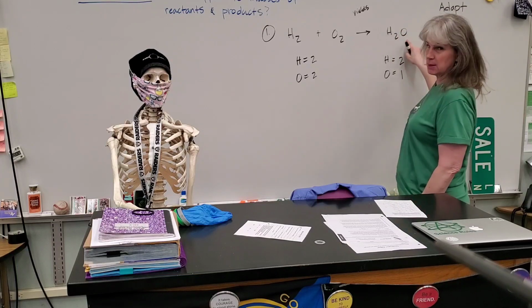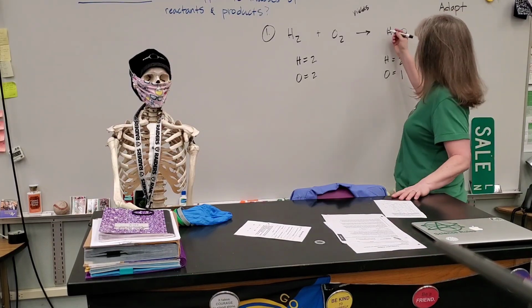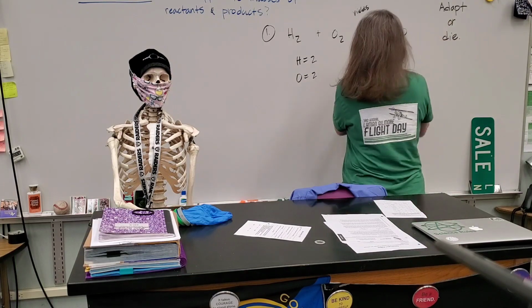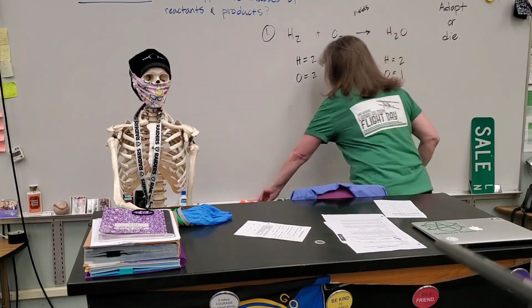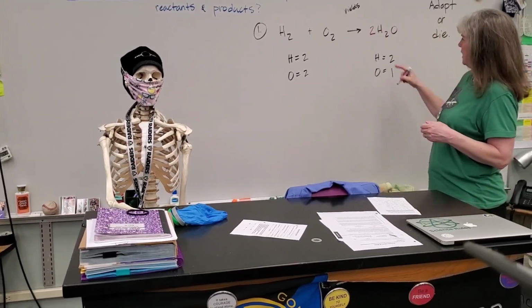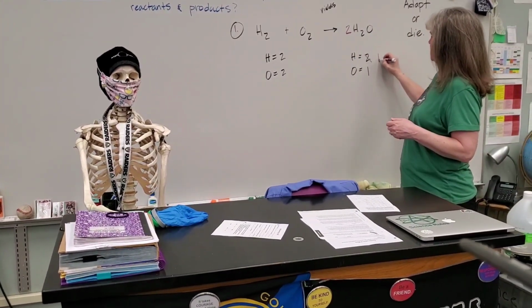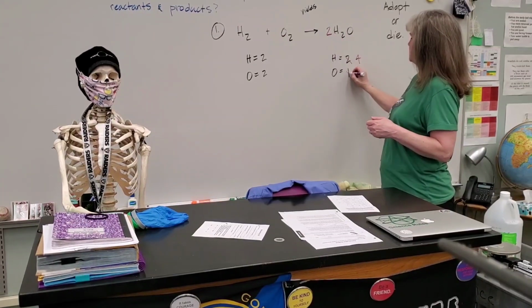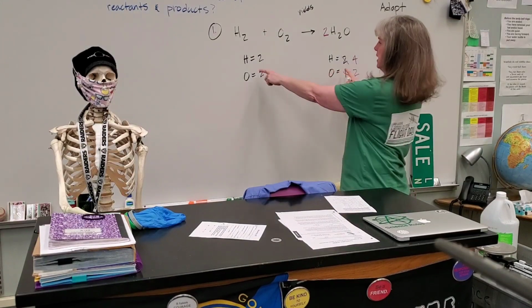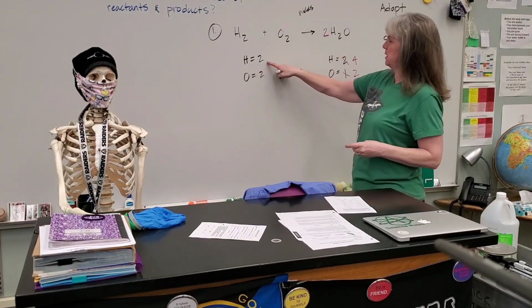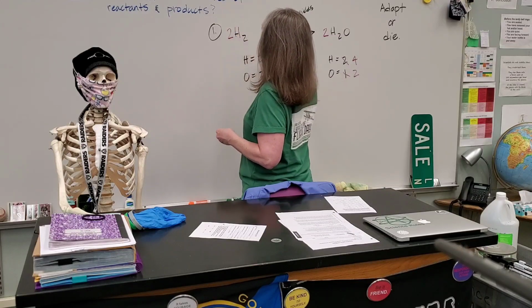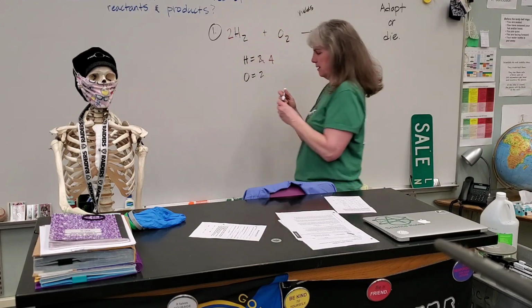I can't just put a subscript there. You can't mess with the subscripts. So I'll put a coefficient here in a different color to make it more obvious. I'll put a 2 there, and now I have 4 of these and 2 of these, which makes the oxygens work out, but now the hydrogens are messed up. So in order to get 4 hydrogens, I have to do that.